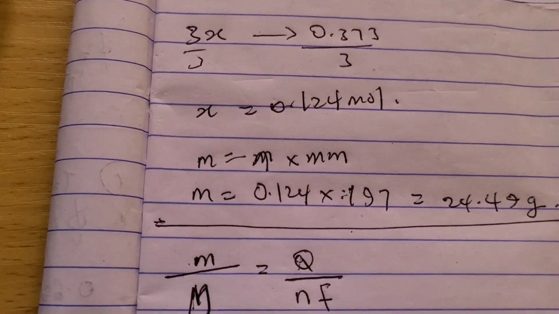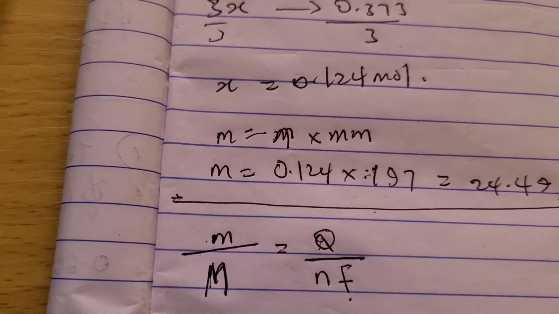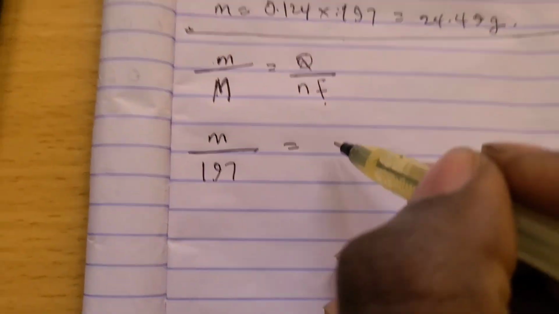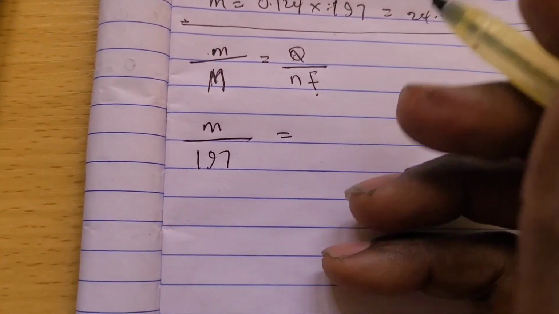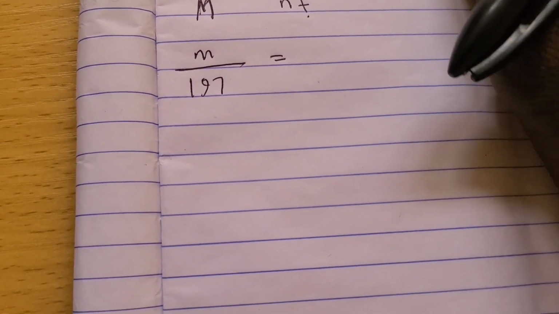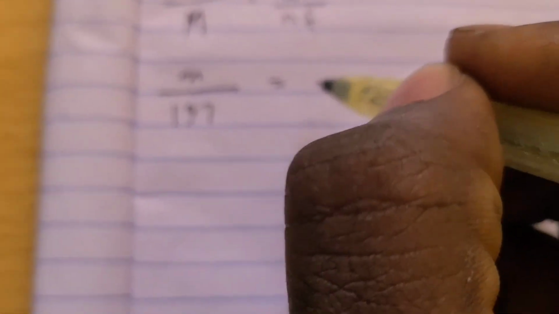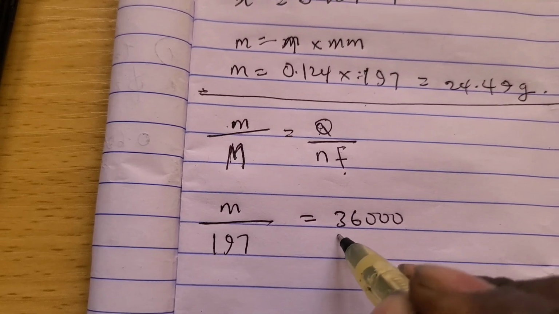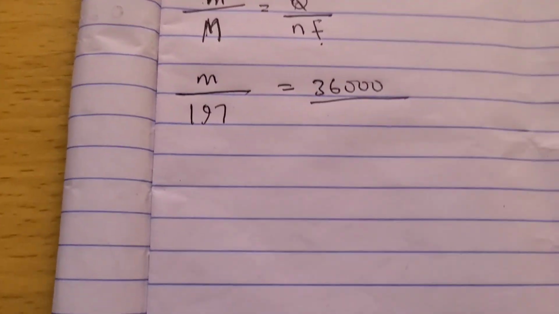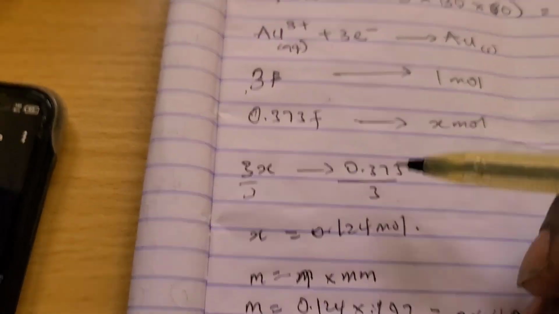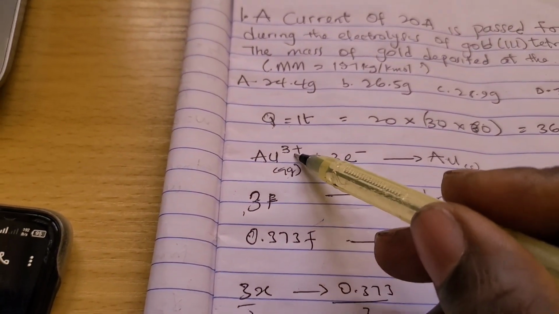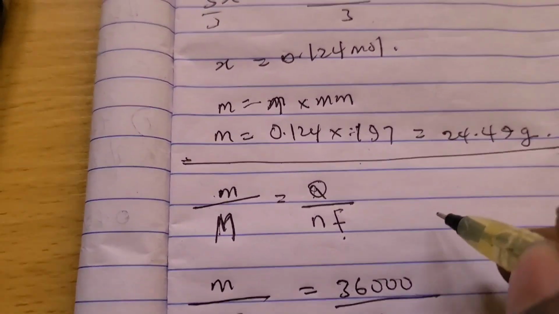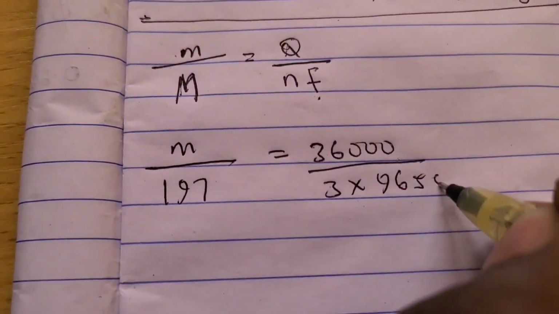Now the mass is what we are looking for, so you continue: mass over the molar mass, 197, equals the charge Q equals IT. We've already solved it up here, so Q is 36,000, over the amount of charge on gold, which is 3, times F, which is 96,500.